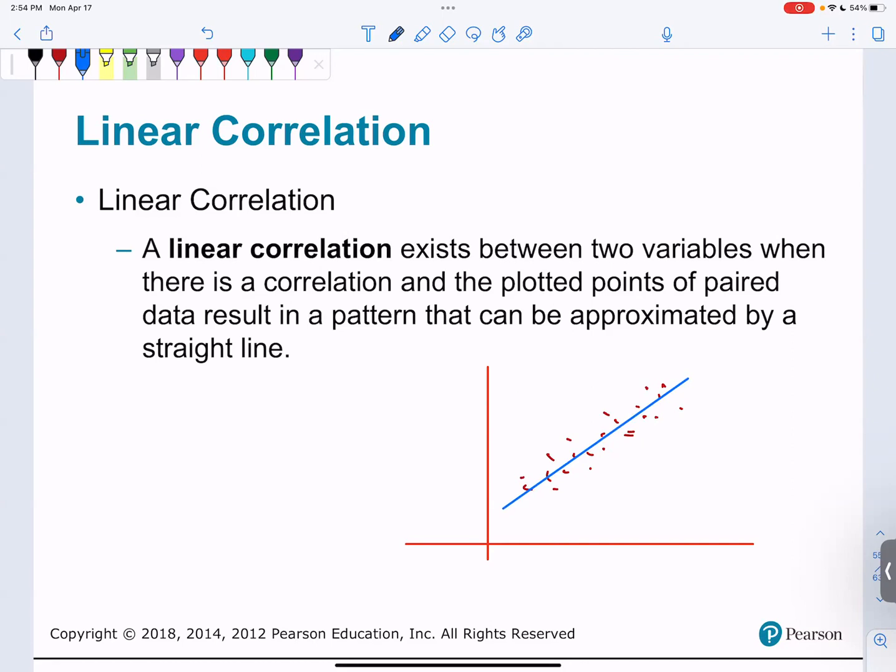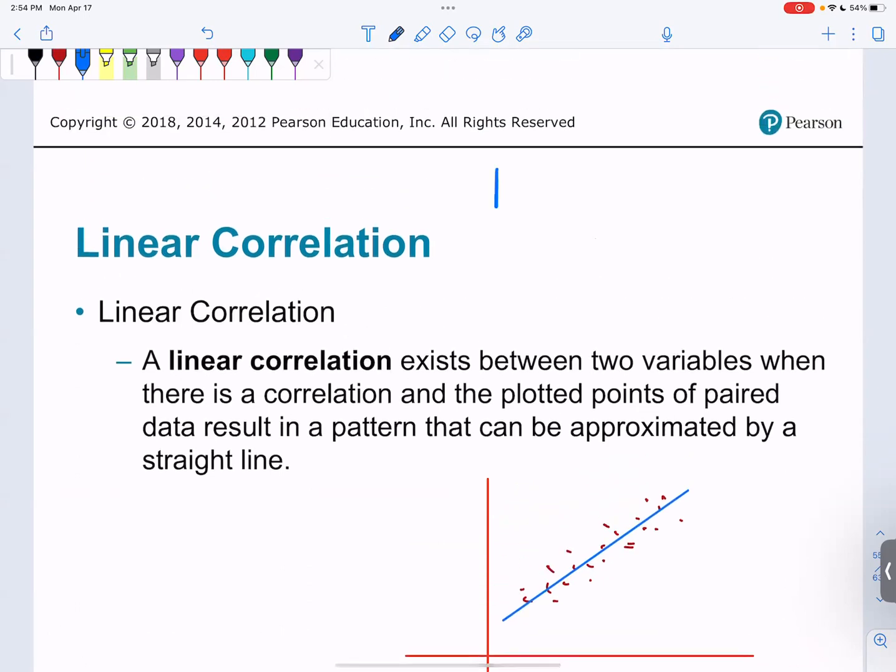So we did study three things, if you remember. The form of relationship. We say the form could be a linear relationship, a non-linear relationship, or no relationship, right?